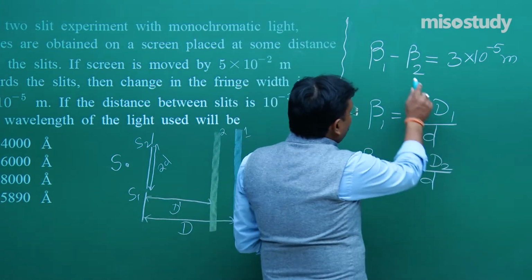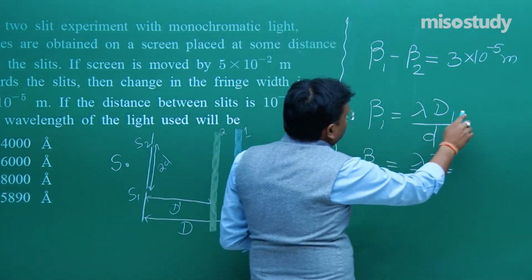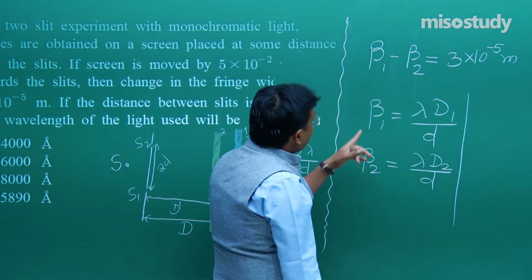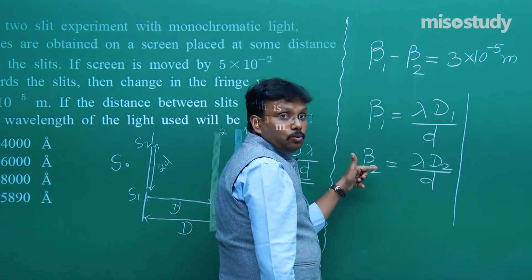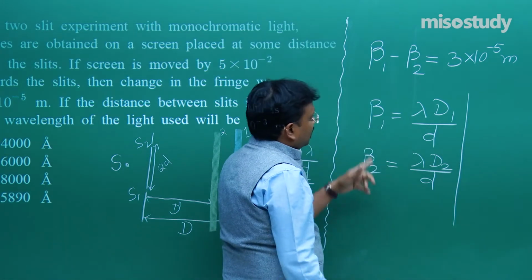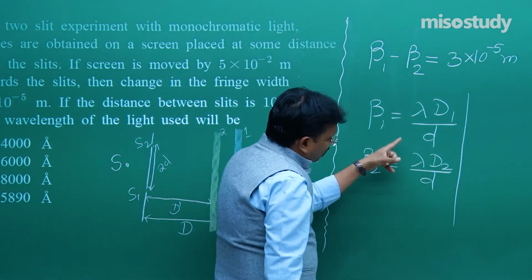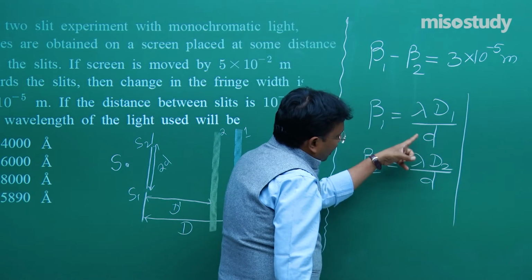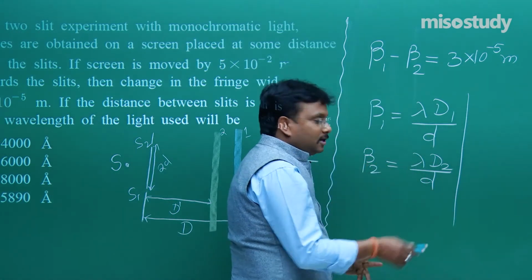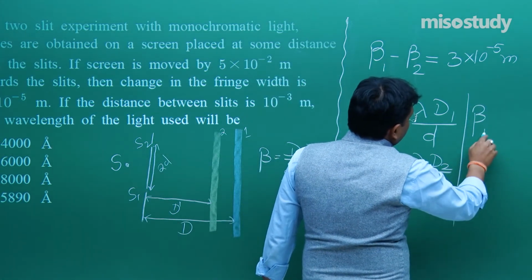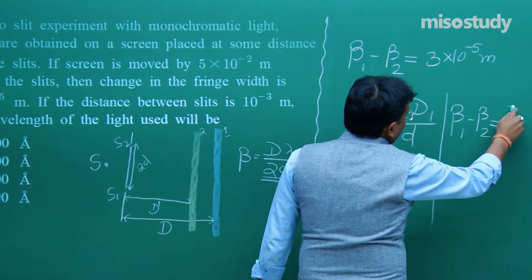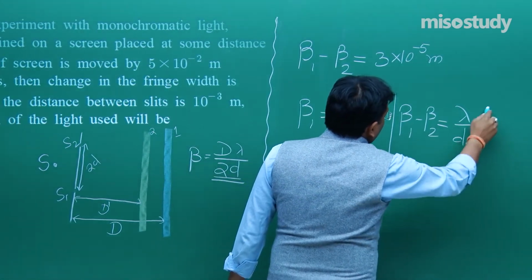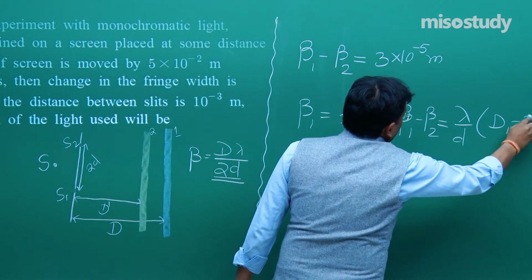Fine. So if we use this result, so what I can write down? I can write down beta 1 minus beta 2, take out this lambda by d common, D1 minus D2. That is beta 1 minus beta 2 is equal to lambda by d, D1 minus D2.